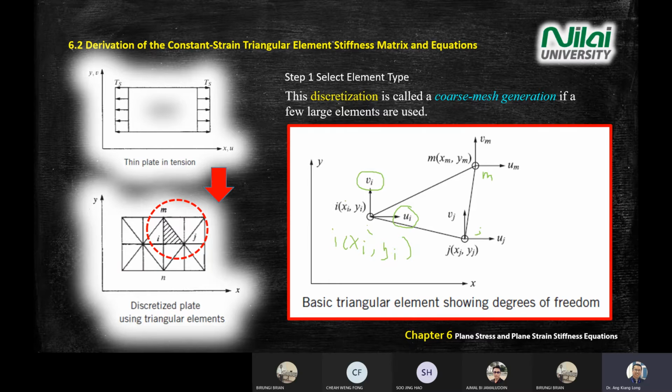Because later, we will substitute these values into our calculation. This is a very important diagram. It's like a roadmap. Once you understand this diagram, you can solve almost any question from chapter 6.